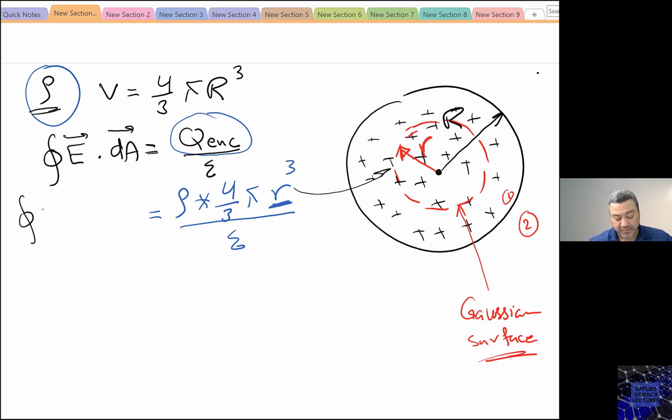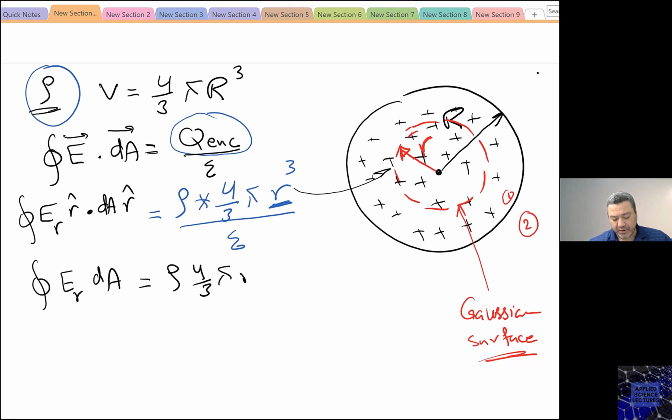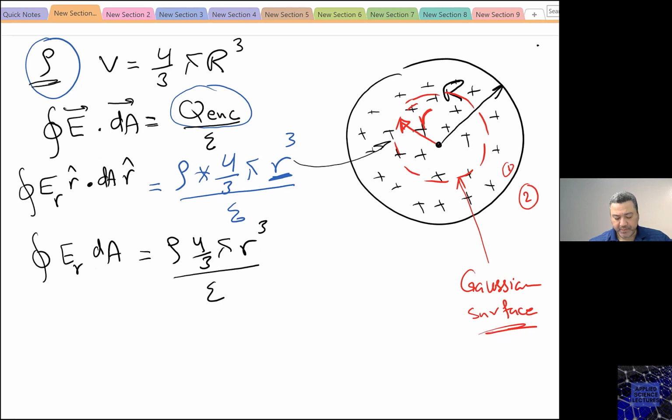So this is E_r r hat dot dA r hat, and now this is going to give me E_r dA equals rho 4 over 3 pi r cubed over epsilon.